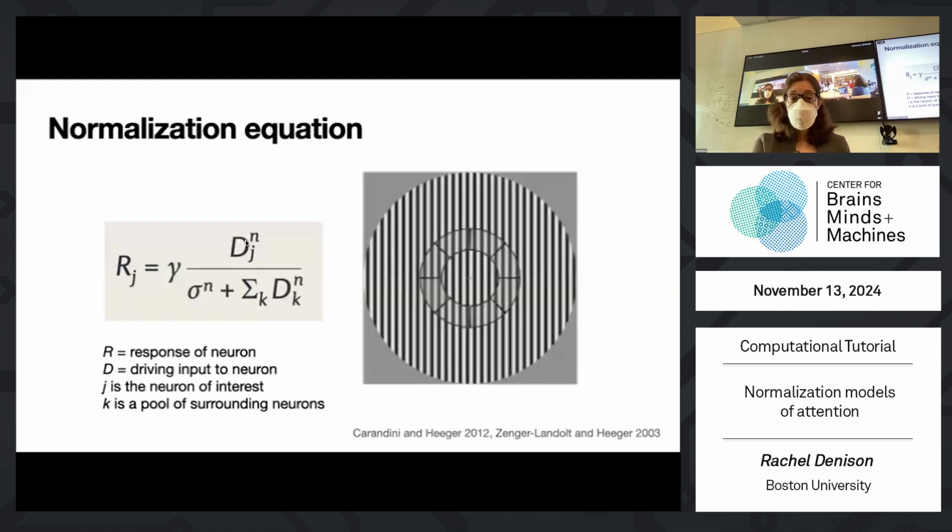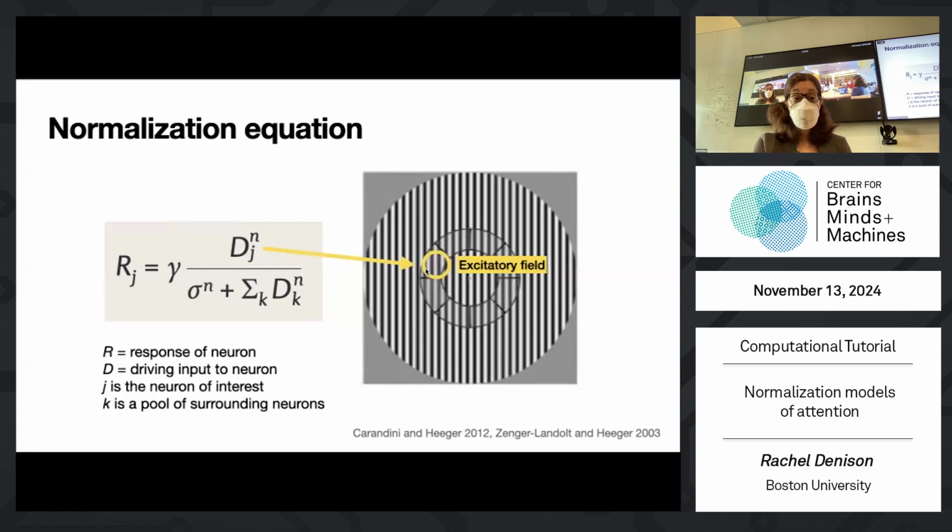So let's see how this looks in this same example. Let's say we have our neuron J, and it has a receptive field located on the ring. We're going to call this the excitatory field for this neuron J. It's whatever is driving this response in the numerator. So if we have contrast here, this neuron's excitatory field is going to be more strongly driven. If there's nothing there, it's not going to be driven.